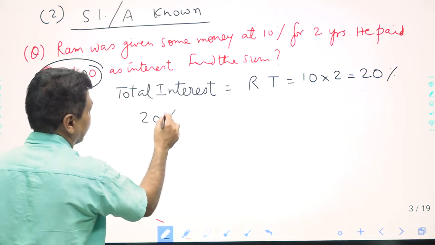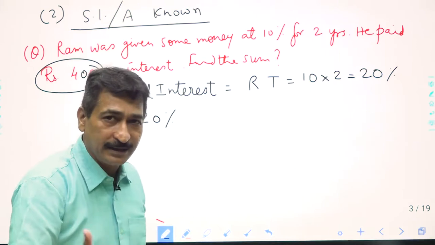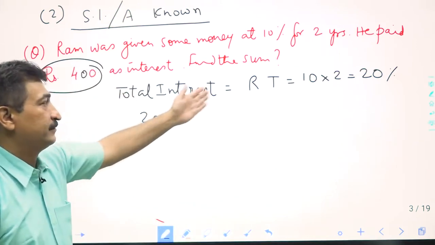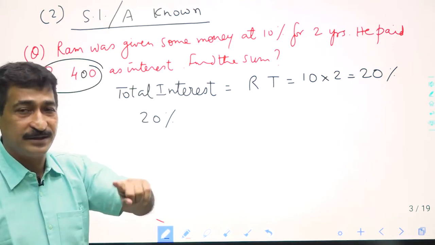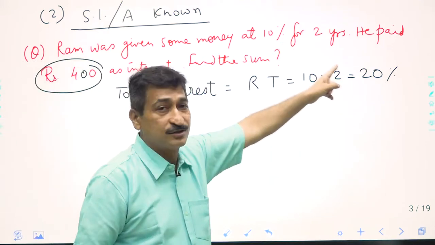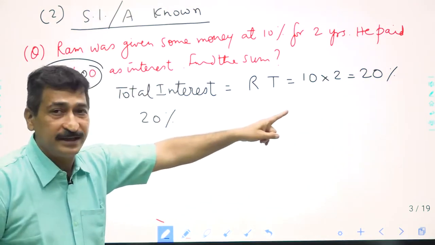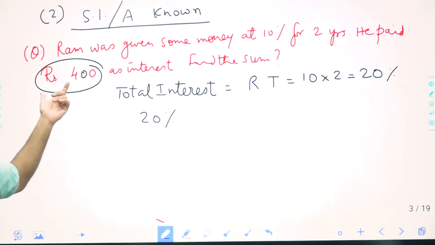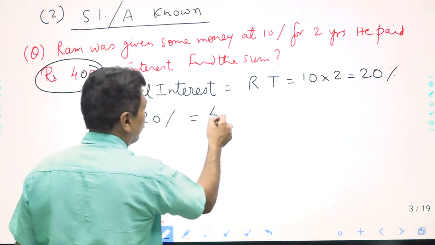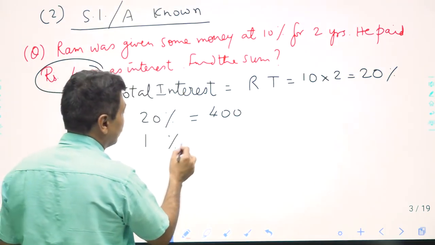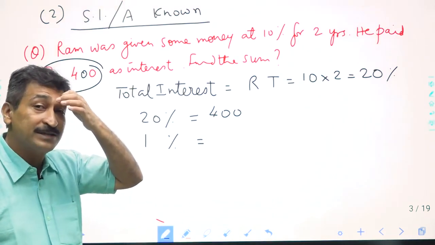तो हम कुछ नहीं करेंगे, कोई फॉर्मूला नहीं, कुछ नहीं, हमें एक चीज दी हुई है 400 as interest, and we have calculated that total interest as percentage, RT percent, R is 10%, T is 2 years, 10 into 2, 20%, total interest in percentage 20, total interest in rupees 400, let us equate them. 20% is equals to 400, so 1% is equals to, बचपन से सीखा था, if 20 apples is equals to 400 rupees, how much is 1 apple?